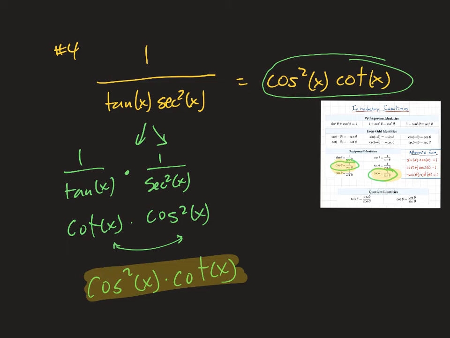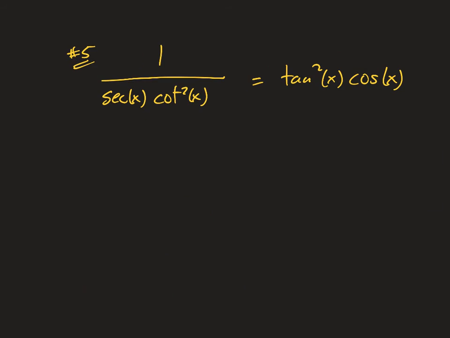Starting to see a pattern with these things, I hope. Let's crank it out and let's keep going. On number 5, we're going to use a similar strategy that we used in the last slide. I'll consider these reciprocals. 1 over secant is just cosine of x, and 1 over cotangent squared is just tangent squared.